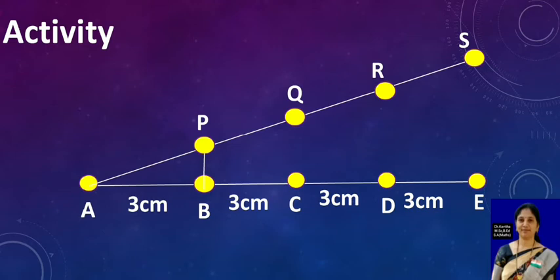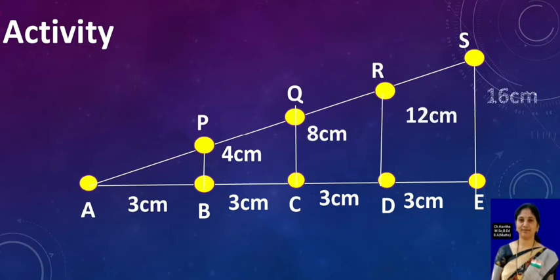Similarly, QC is the perpendicular drawn to AC or AE. And RD is also a perpendicular line drawn to AE. SE is also a perpendicular line. Here I am drawing the perpendicular lines such that BP is equal to 4 centimeters, CQ is equal to 8, DR is equal to 12 and ES is equal to 16.